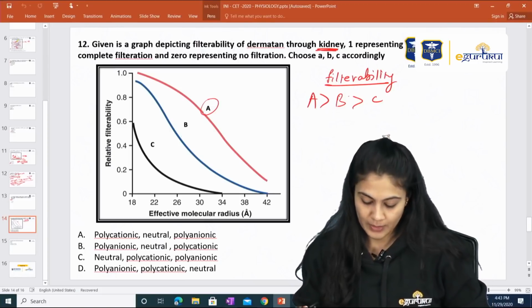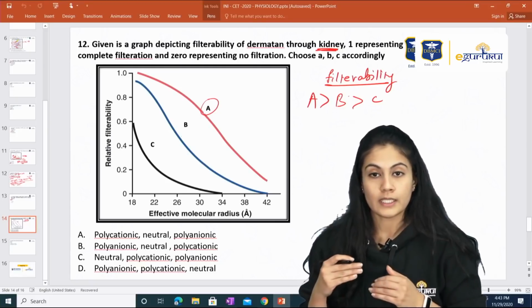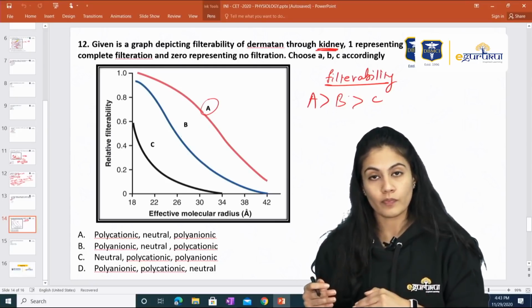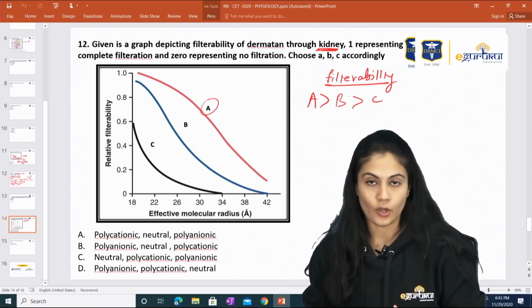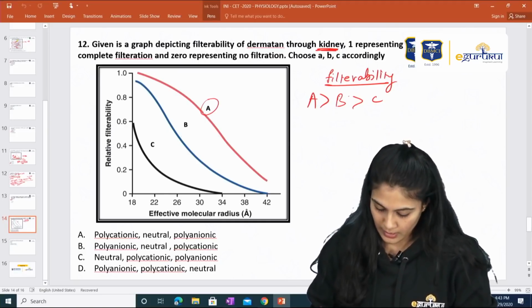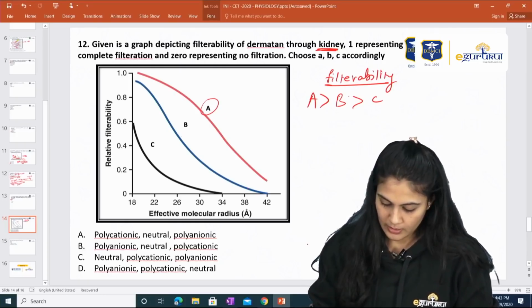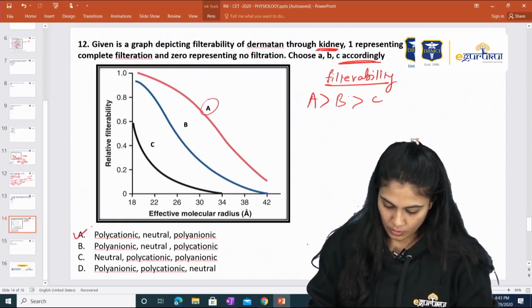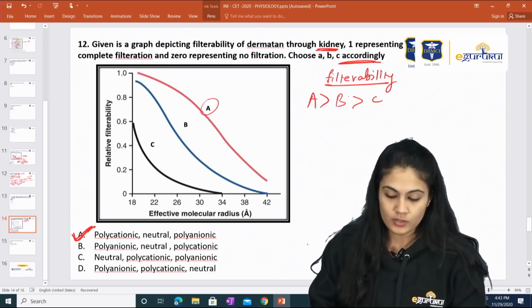B may be neutral, so it is less filterable than A but more than C, and C is anionic, right? So the answer is: A is cationic, B is neutral, C is polyanionic. So accordingly they ask, the answer is option A. The answer of question number 12 is option A.